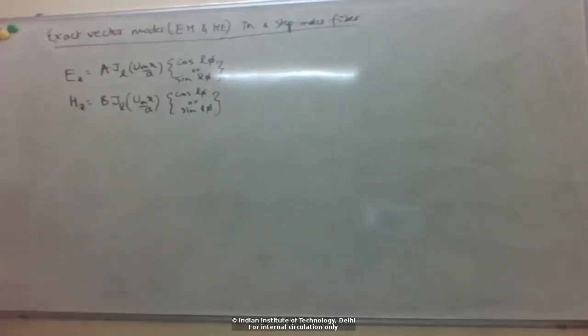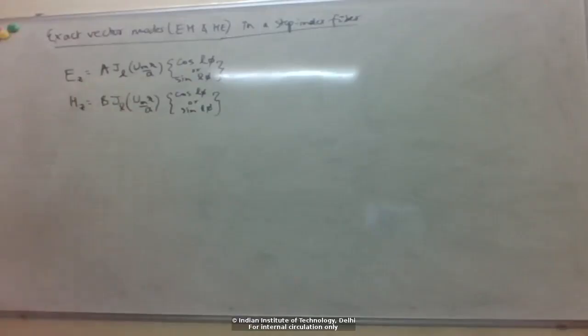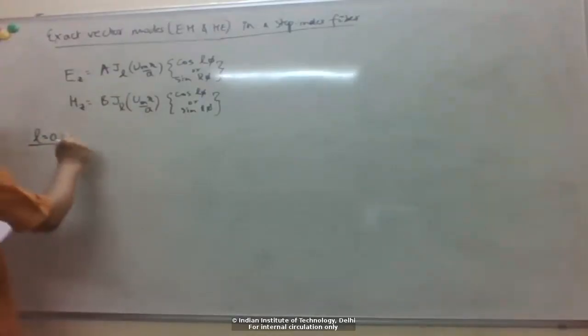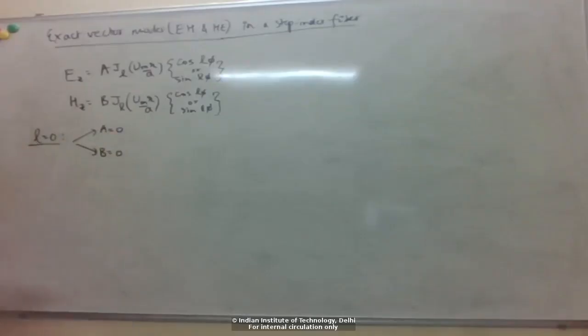So the relation between the amplitudes of the electric and magnetic fields, A and B, is also given by the transcendental equations. And so we get different cases. For example, if L is equal to 0, then the transcendental equation forces either A to be 0 or B to be 0.